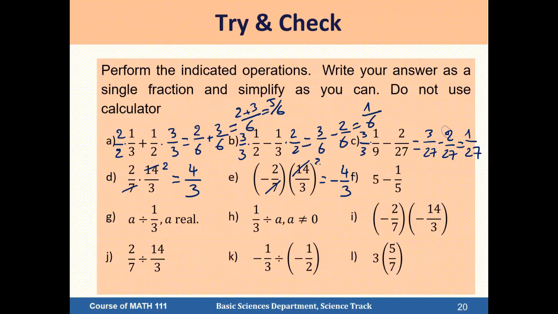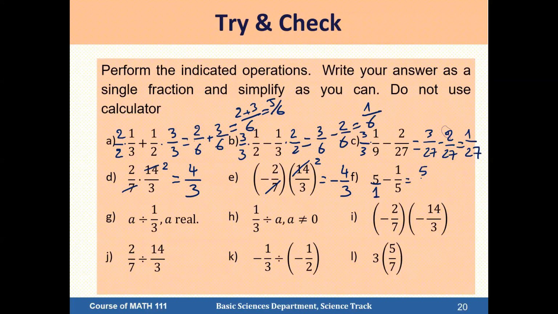In this example, how do we subtract an integer minus a fraction? We said each integer is a rational number. So each integer can be written as a fraction with denominator 1.